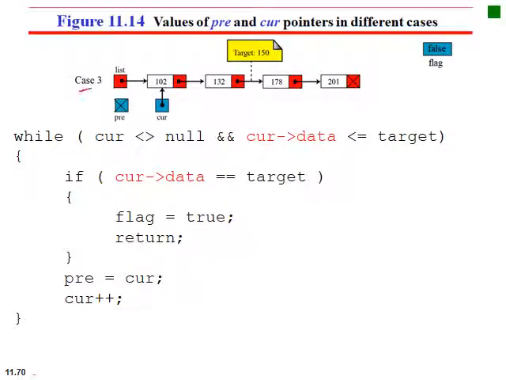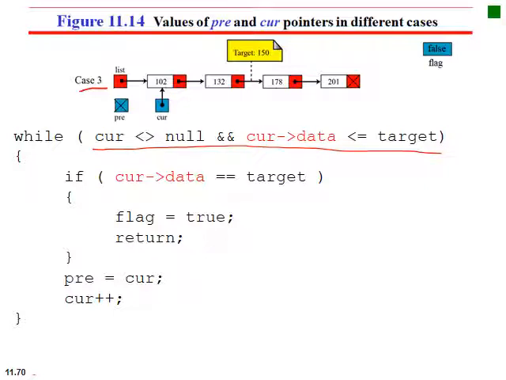The third case, case number 3, we were supposed to find it somewhere in the middle of the list, but it's actually not there. Now here we modify the algorithm a little bit to make it a little bit more efficient for this case.